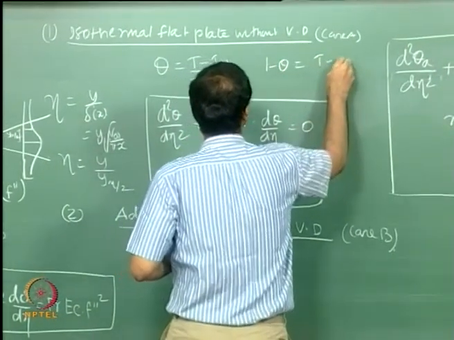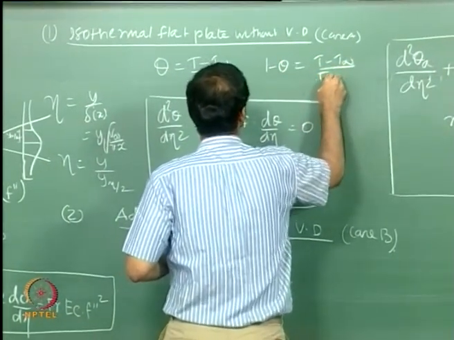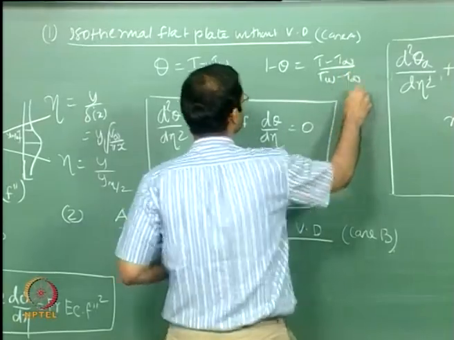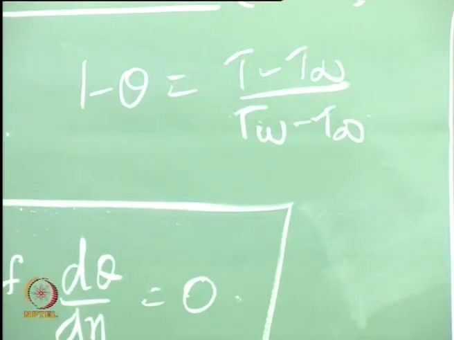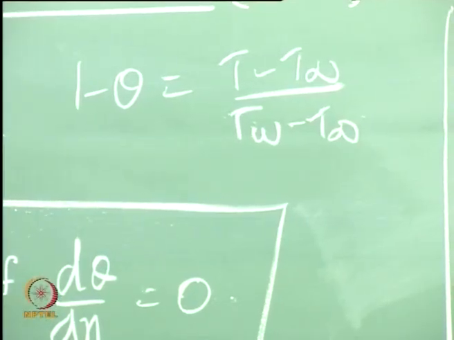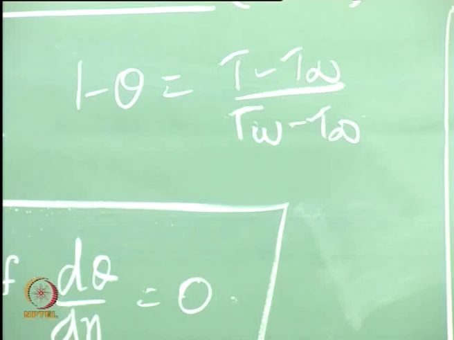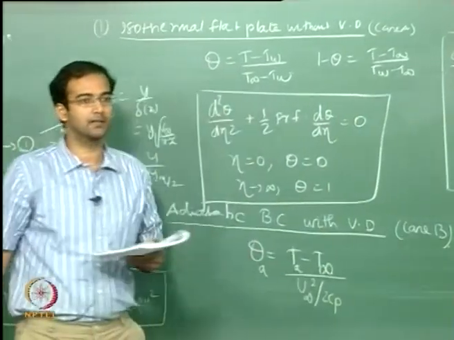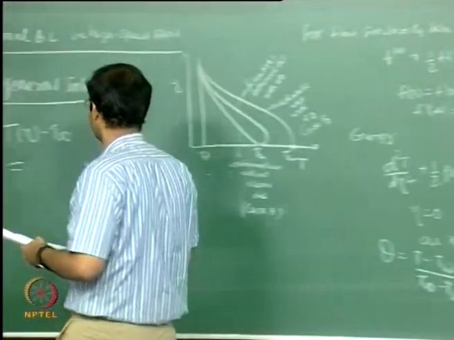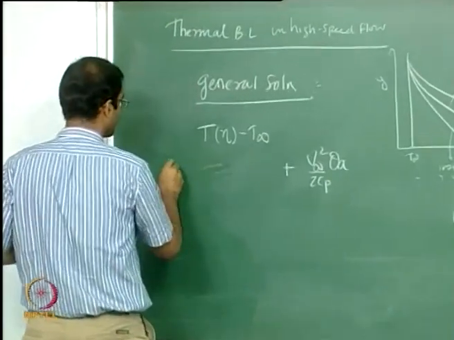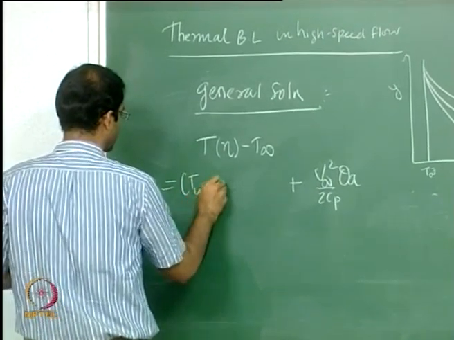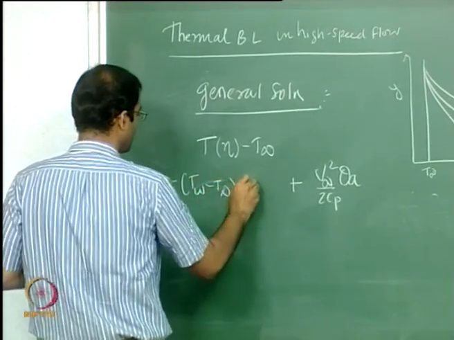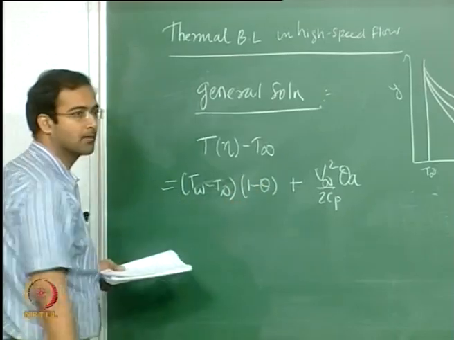T minus T infinity by T wall minus T infinity. Is that right? The signs will flip. So therefore I can just write this T minus T infinity as 1 minus theta into T wall minus T infinity. So this can be written as T wall minus T infinity into 1 minus theta.